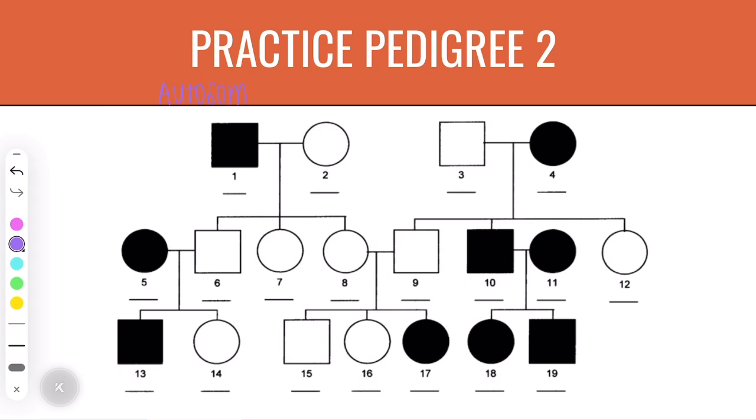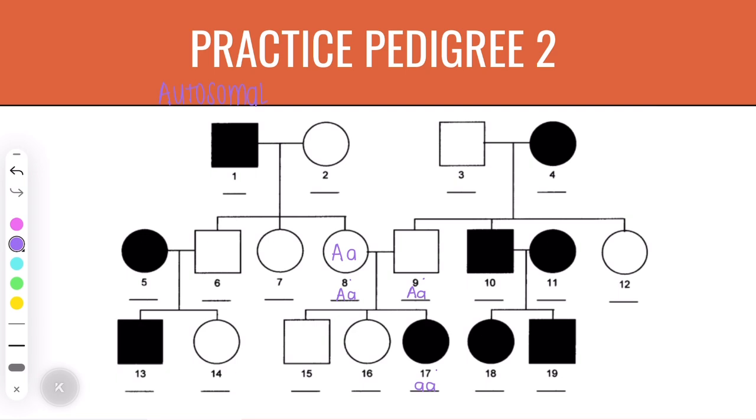Because of that, I'm going to look for 2 parents that are the same with a kid that's different. And I can see that here. So person 8 and person 9 are the same and one of their kids is different. So I'm going to label them as being heterozygous, and then their child as being homozygous recessive.